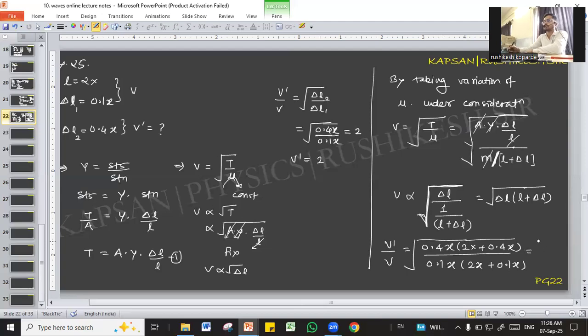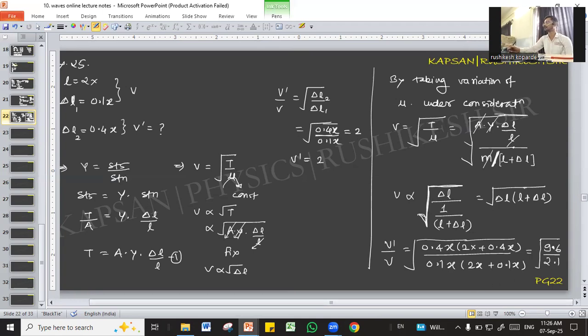The ratio is 4. 2 plus 0.4 is 2.4. So it is 2.4 into 4, that will be 9.6 upon 2.1.